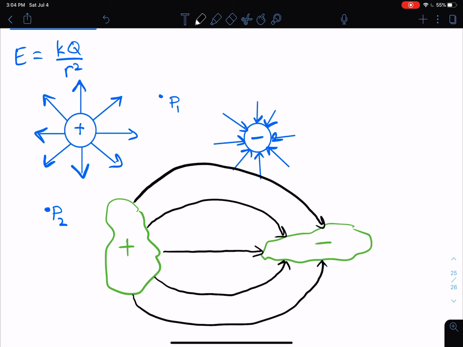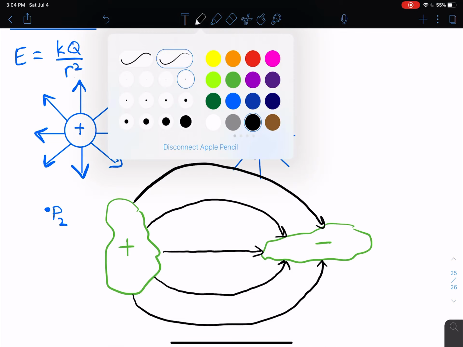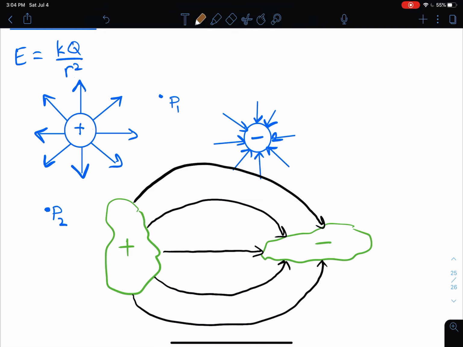Now, what we're looking at here is the net electric field, but we might be interested in what the direction of the E field is at a specific point. So for example, maybe I'm interested in this point right here. I want to know what's the direction of the electric field at that point. To get the direction of the electric field there, you just draw the tangent to this curve that I've drawn.